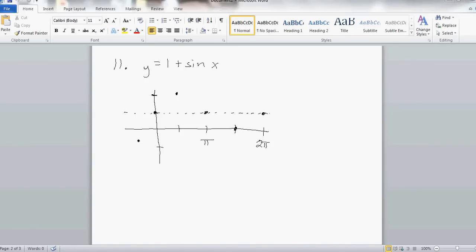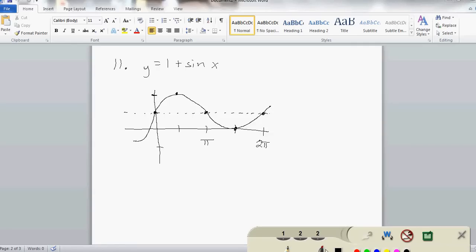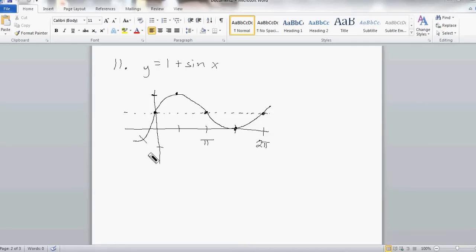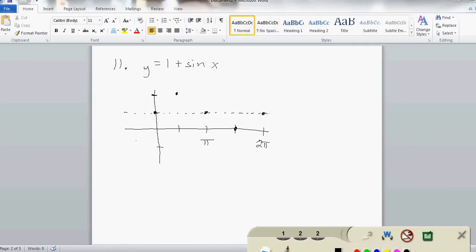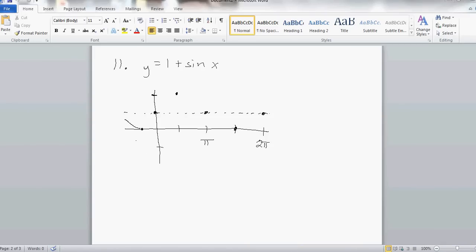And so just continuing this whole pattern back and forth, we get something that looks like that. And look at this beginning right here. That's totally messed up, because I went way too far down, so it's going to look something like this.